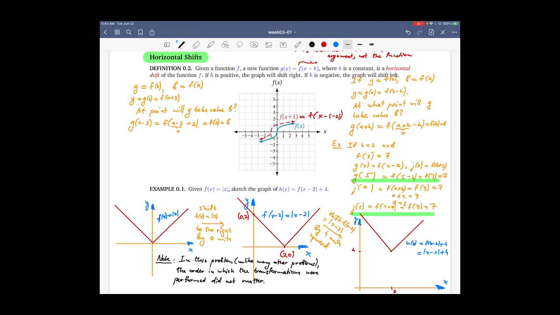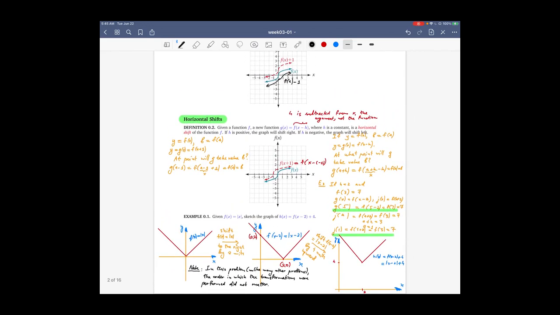However, again, this won't be the case in many other problems, so you have to be very careful thinking about which transformations you do first. We will talk about this later, and we will see examples where this is important.